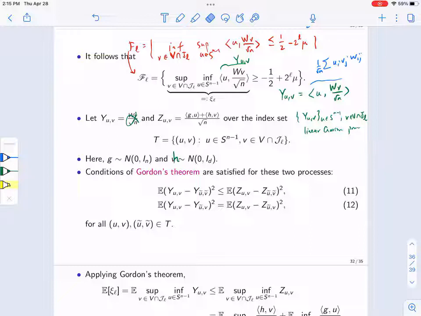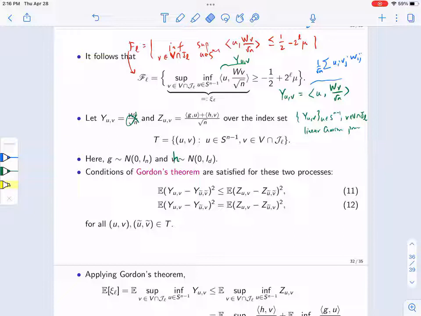If I fix one of the indices, like the second index, and change the other, then I have equality. In the study of Gaussian processes, this quantity defines a metric. It's a measure of how close these indices are, and it induces a metric on the index space. So this is comparing the metrics of the two Gaussian processes.